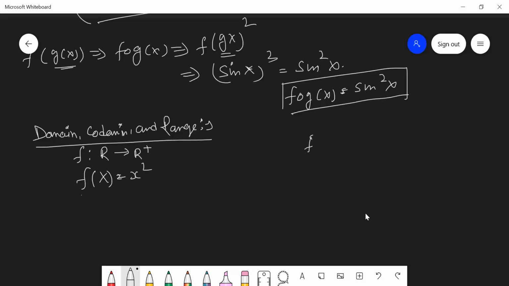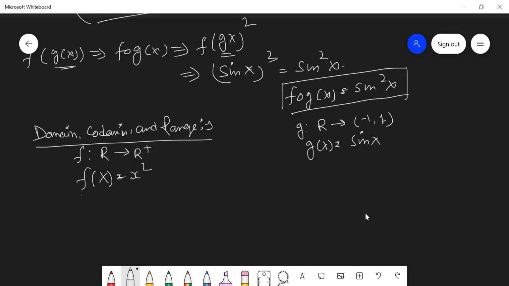We have taken a second function, g(x) = sin x, and we have to define this function also. The g function is defined from real numbers to the interval -1 to 1.